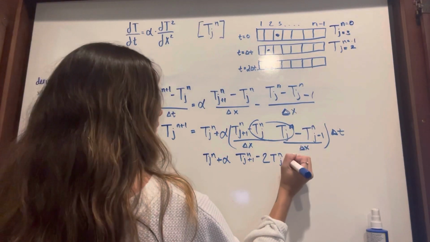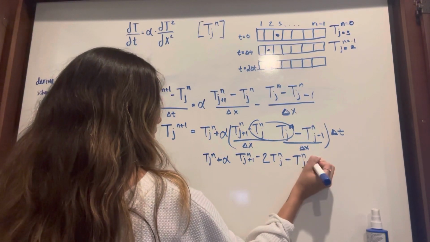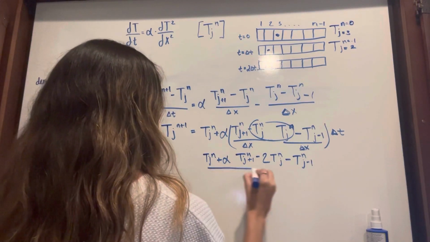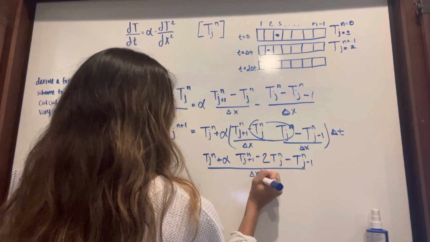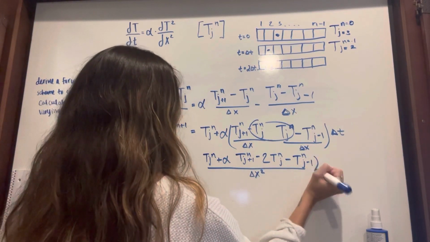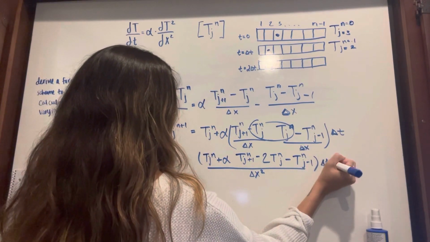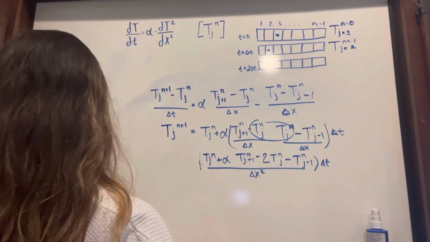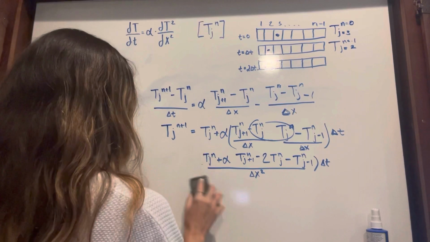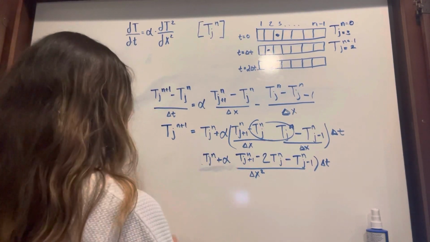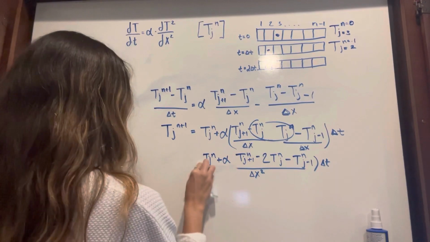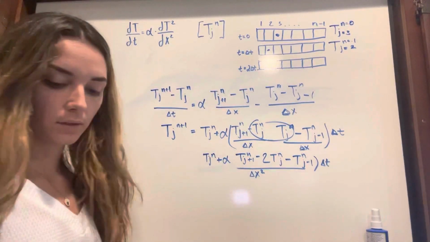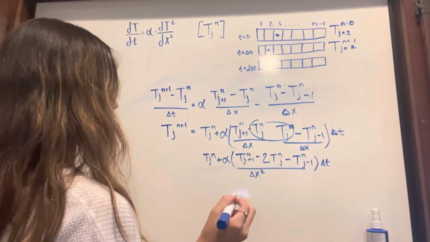Yeah, our initial minus Tn, our last position, and our uniform bar, and we can divide that by squaring our change in position, and that is going to be times our delta T. These are going to be on the outside of that expression.